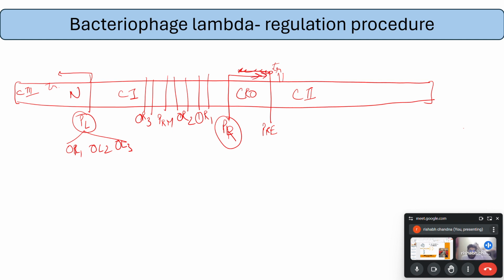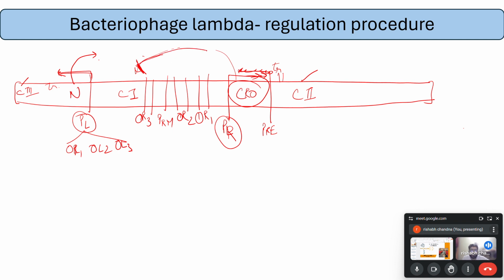PL forming N, N basically helps in the production of C2 and C3, and Cro helps in the reduction of C1. So it basically reduces the production of C1.